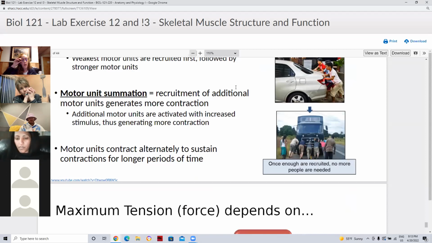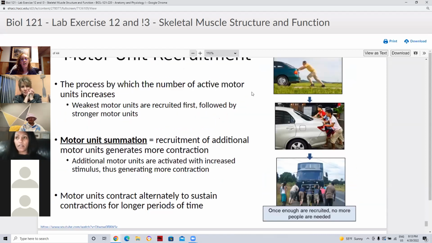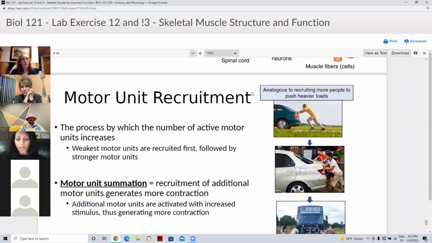Motor units contract alternately to maintain a contraction for longer periods of time. So just like when you go to move a car, you recruit more people to push heavier loads.